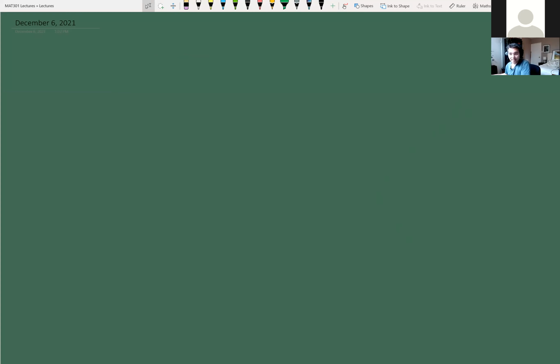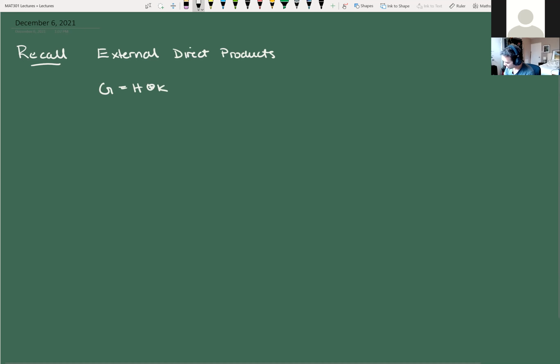So last time we talked about external direct products. Let's recall that, because these are going to be pretty related. We had external direct products, and we would say something like G is equal to H plus K. The group operation here was, we do (h1, k1) times (h2, k2) is equal to, and we just do that component-wise.